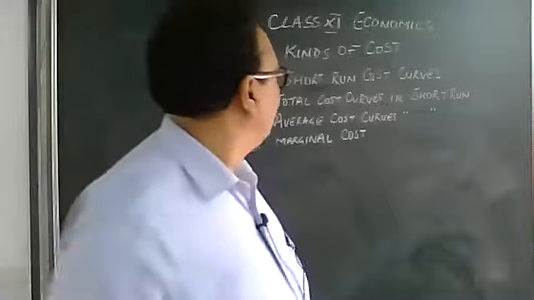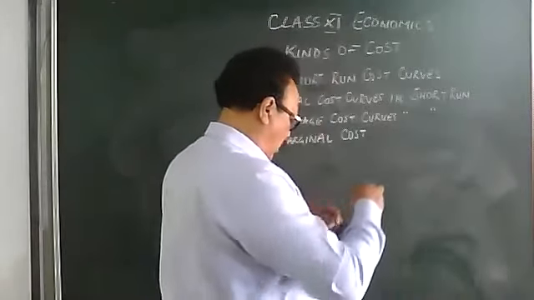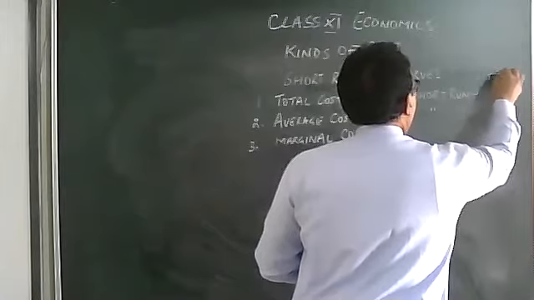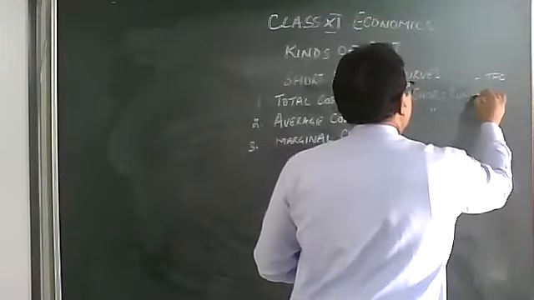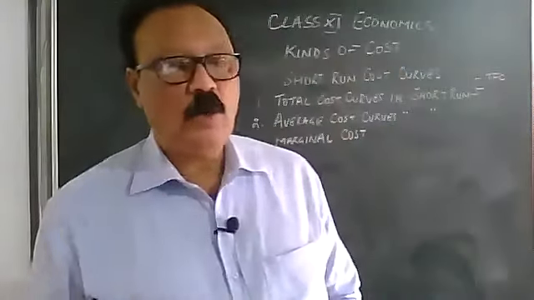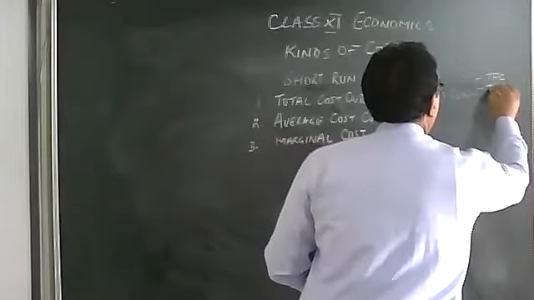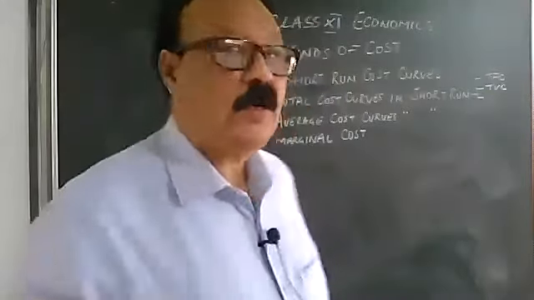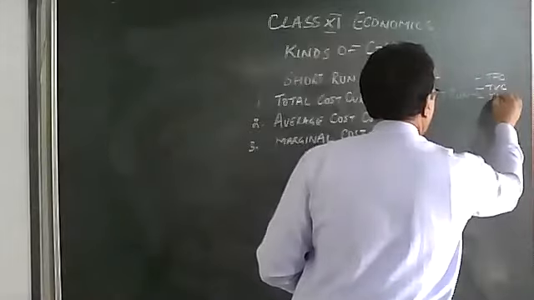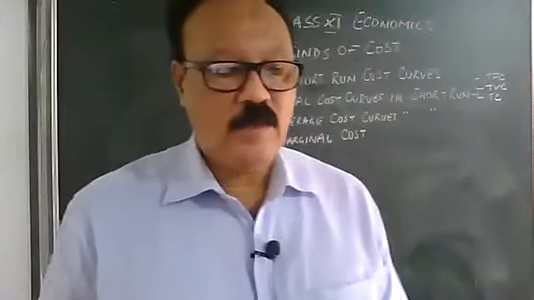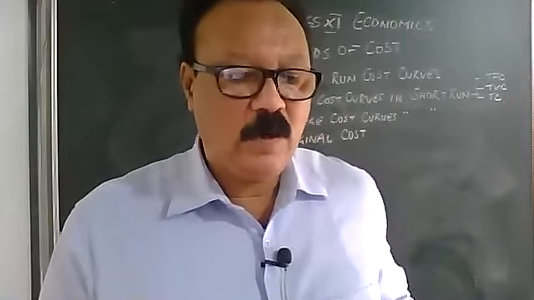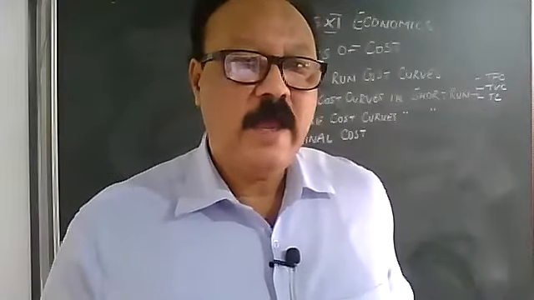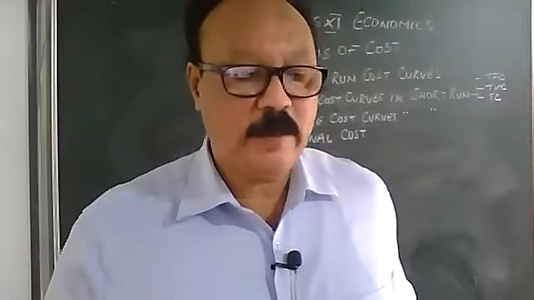The first is total fixed cost, second is total variable cost, and third is total cost. Let us take the first one, total fixed cost.